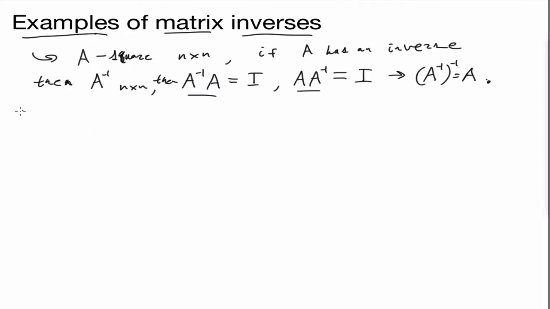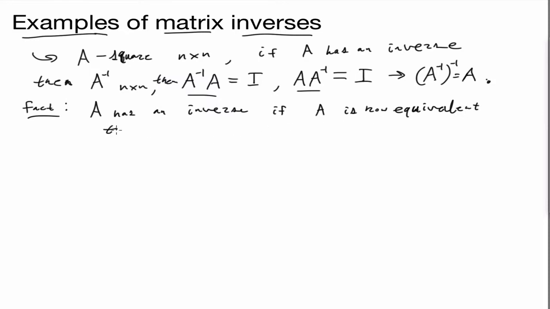One fact we have is that A has an inverse if A is row equivalent to the identity matrix. So what does row equivalent mean?